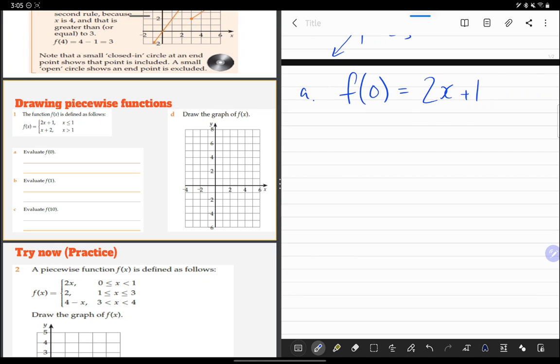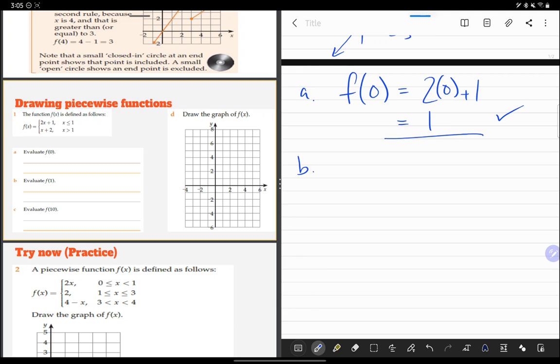If I wanted f of 0, the value of the function when x is 0, this x here becomes a 0. So 2 times 0, or you can just put it in a bracket, 0. Yep, so 2 times 0 becomes 0 plus 1, so it just becomes 1. There you go. That's A.